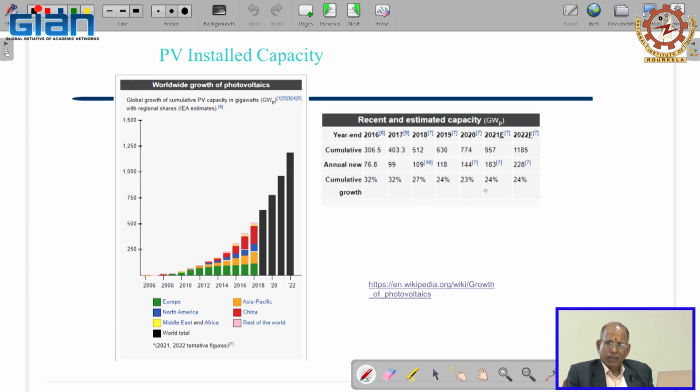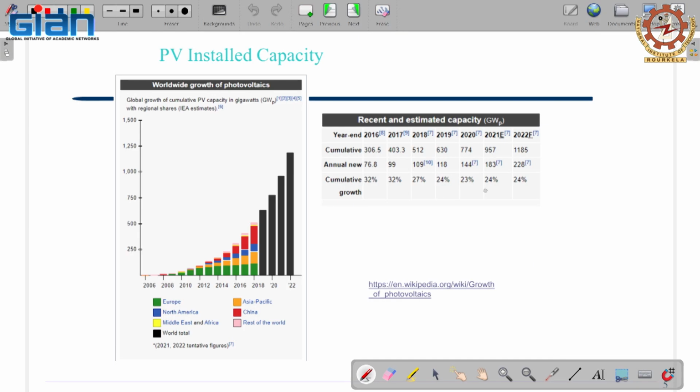As such, we do not see any barrier why we cannot have even more capacity addition. Of course, whatever revenue is needed has to be arranged, either by the government or whoever is installing. But other than that, we don't see any negative aspect of the PV system.